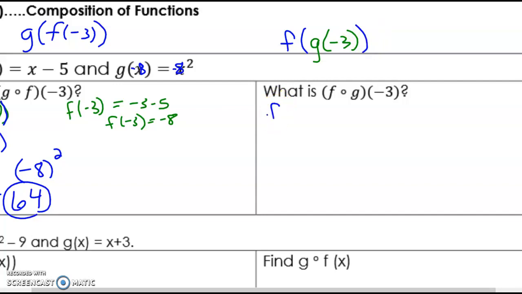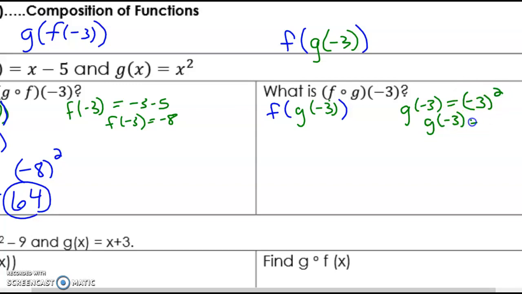Okay, so we're going to use the f function and then put that g answer into it. So what is g of negative 3? What this means is, again, when the x is negative 3 in the g equation, what do you get? So we're going to go negative 3 squared. So g of negative 3 equals 9.